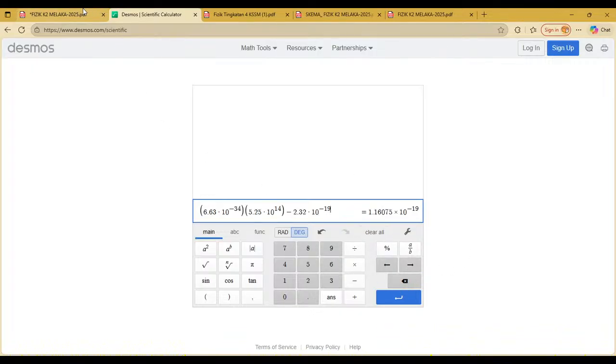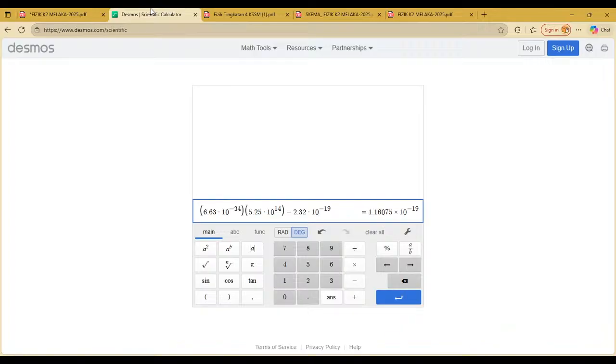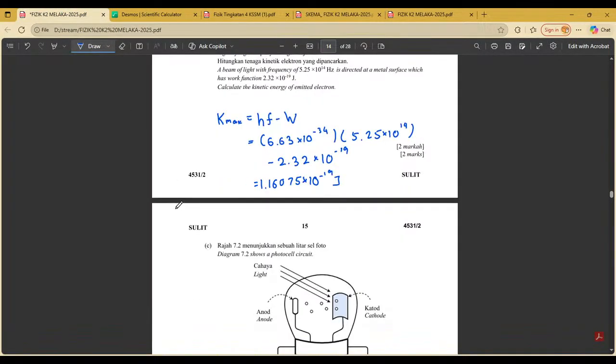So 1.16, so 75 times 10 to the negative 19 joule. Yep.